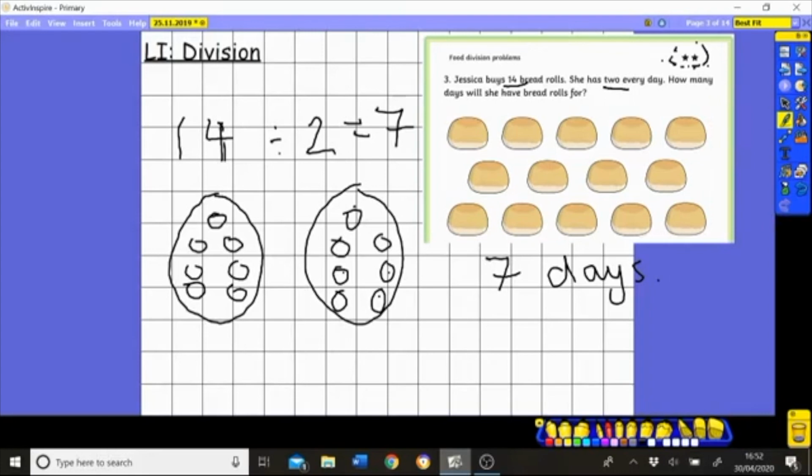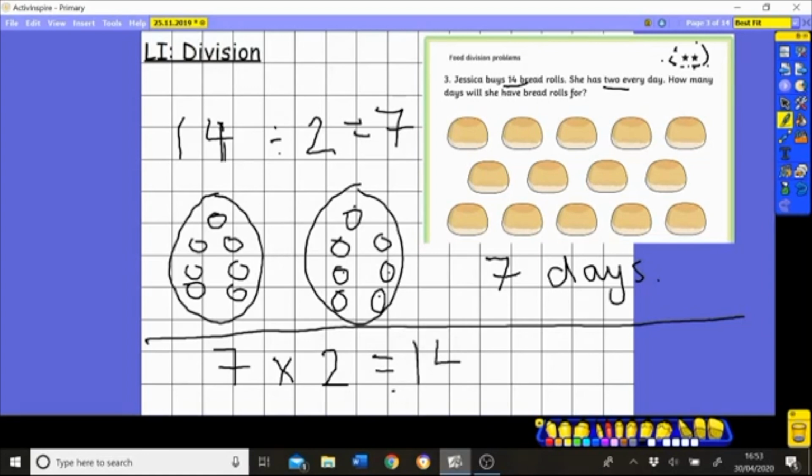Okay. So what I want you to do is obviously to check the answer for this. How could you check the answer? We can use the inverse. Inverse means opposite. The opposite of division is multiplication. So we're going to use our quotient, which is 7, and times that by our divisor, which is 2. 7 times 2 equals 14.